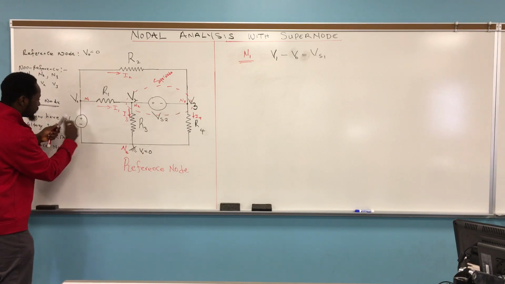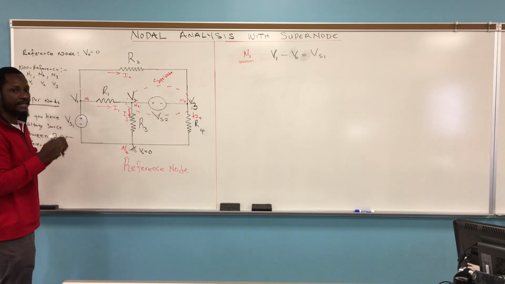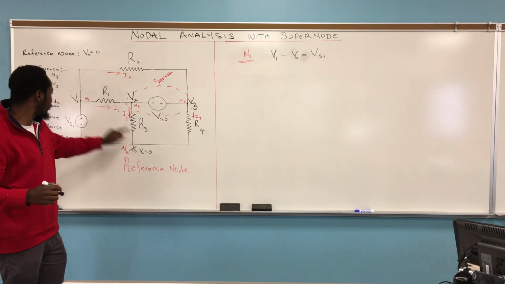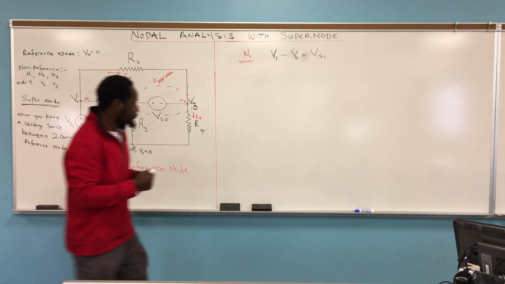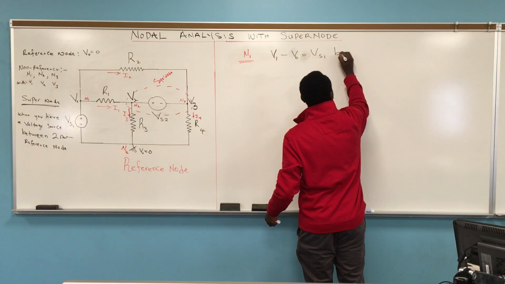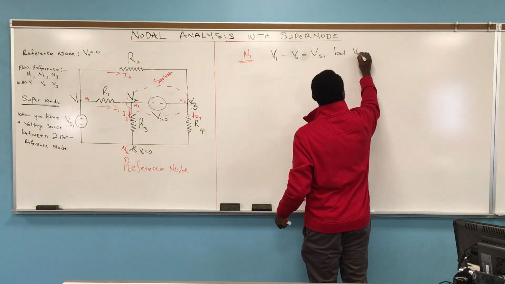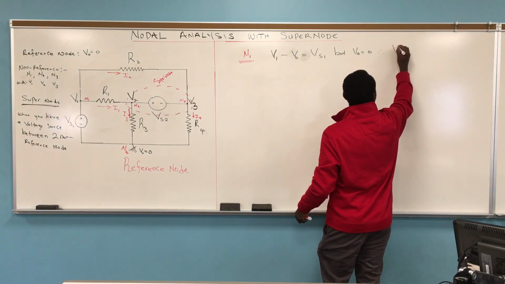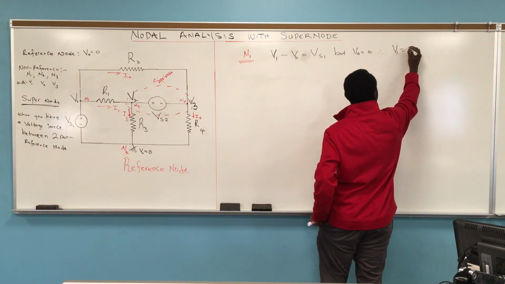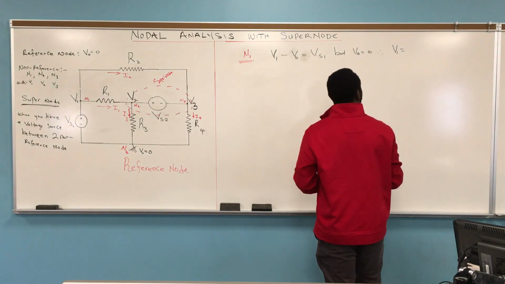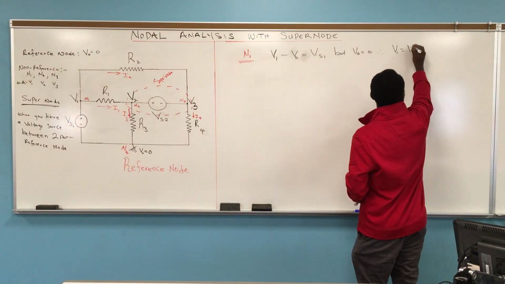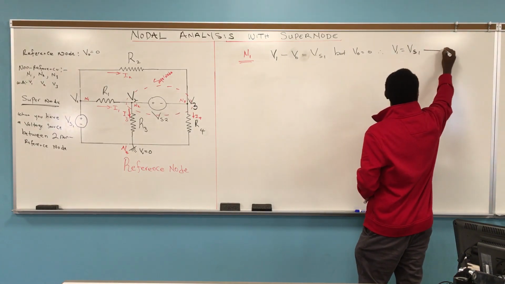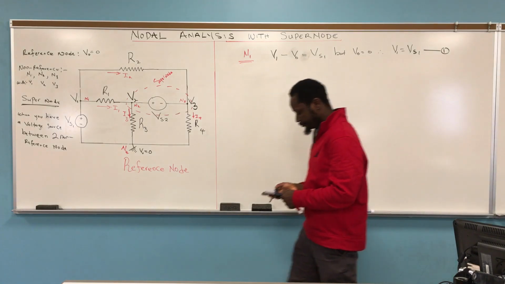Now, if it were the reverse, plus here, minus here, I'll do V0 minus V1. But V0 is 0. Therefore, V1 is equal to Vs1. I'll call this equation 1.